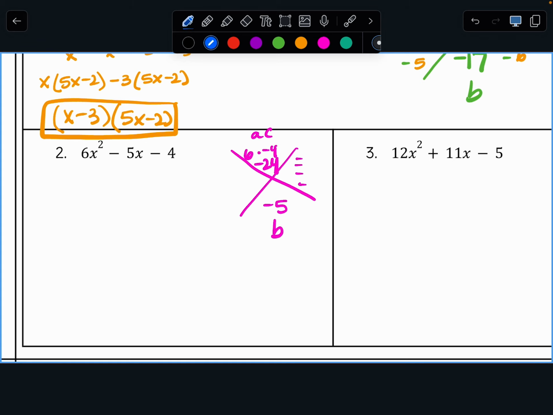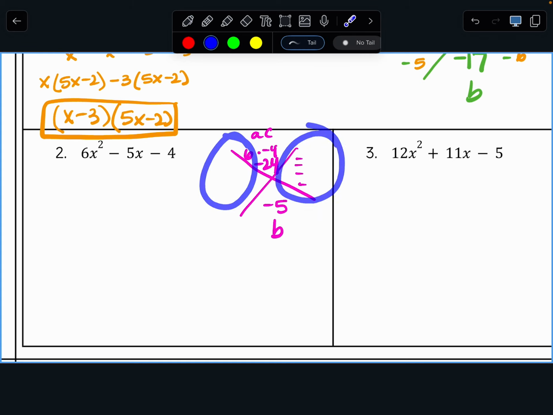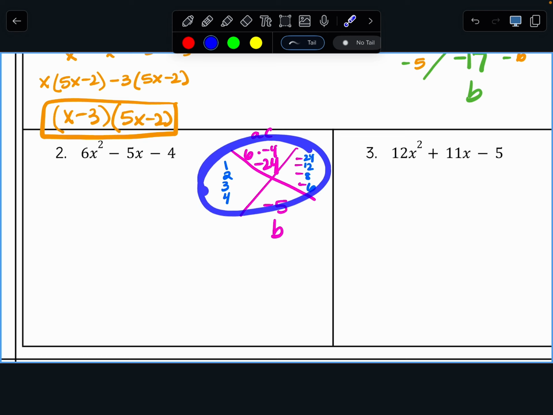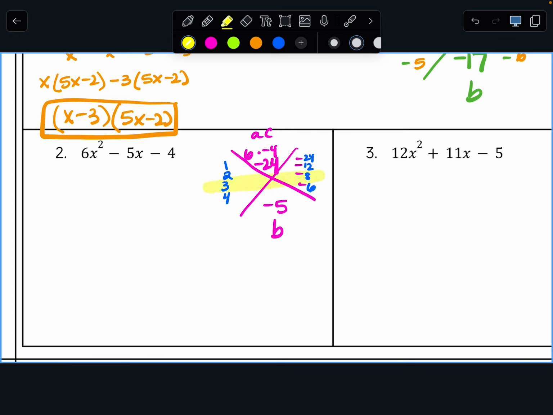And since I always write my small numbers here and my big numbers here, that makes it easy to figure out. So that is 1 times negative 24, 2 times negative 12, 3 times negative 8, and 4 times negative 6. All of those multiply to be this top number. So now I just have to figure out that this is the set that when I add will give me negative 5.